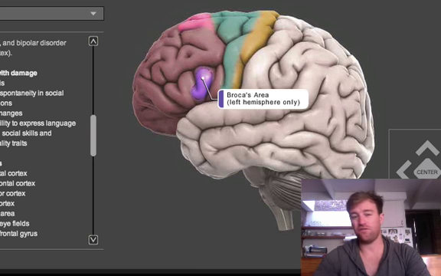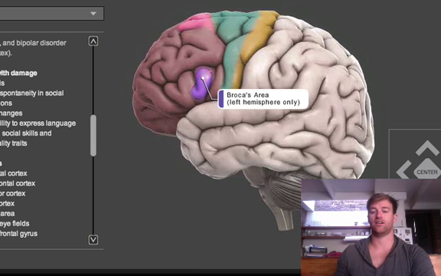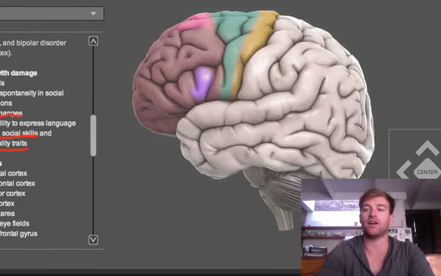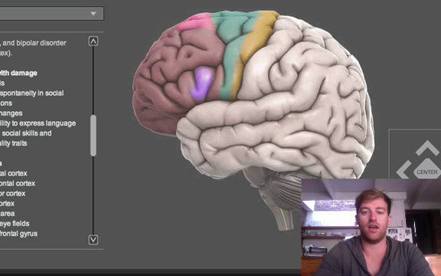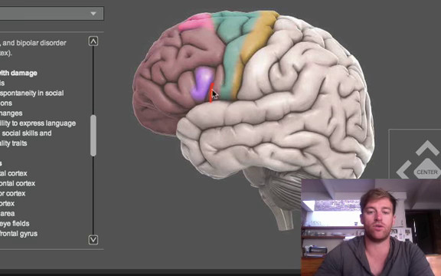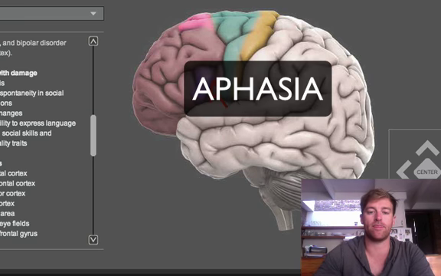Now, if you get damage to that area, it can cause you something we call Broca's aphasia. I'm going to write that down. And we have Broca's aphasia. So if something goes wrong, we have something called aphasia.